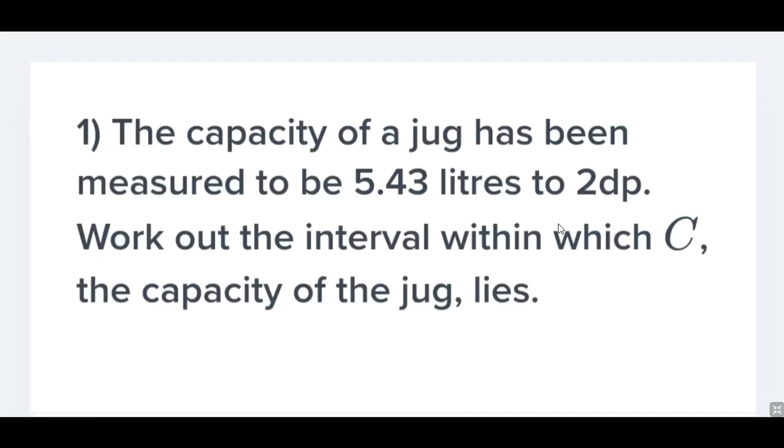Okay, see this question. The capacity of a jug has been measured to be 5.43 liters to 2 decimal places.